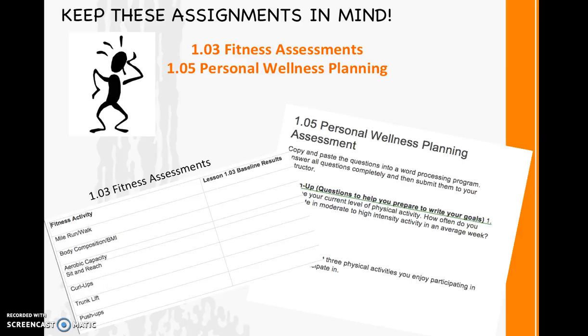If the goals did not contain the MAD components, meaning that they were not measurable, attainable, or deadline driven, your assignment was returned back to you to revise that information. The reason we do that is because those goals are going to be used again in your 1.09 wellness plan.